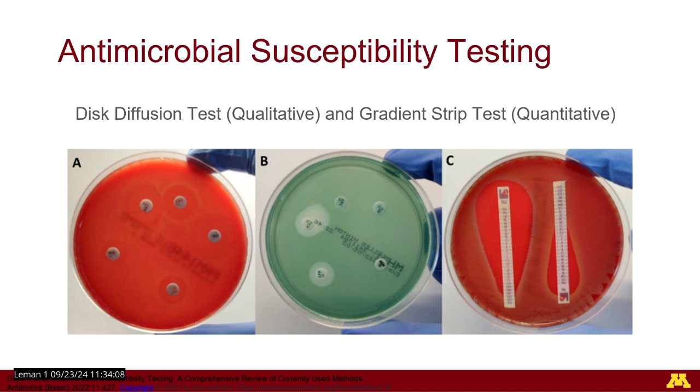So these right here are interpreted based on the clearing zones around the antimicrobial impregnated disc. This right here can actually be interpreted to an MIC value. You find where the bacterial growth intersects with those gradients, and then you potentially have an MIC that you can use. So one of the benefits of this is you're using solid media.